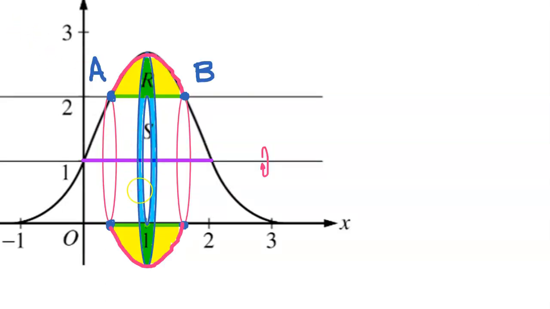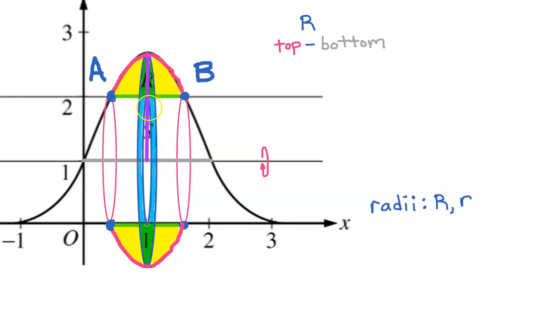A single slice of this solid is a washer. That's a disc with a hole in it. We can use washers like this one to calculate the volume of the solid. It's a 3-step process. Step 1 is to find an expression for both radii of the washer. So we need to find an expression for the outer radius, which I will call big R, and also the inner radius, which I will call small r.